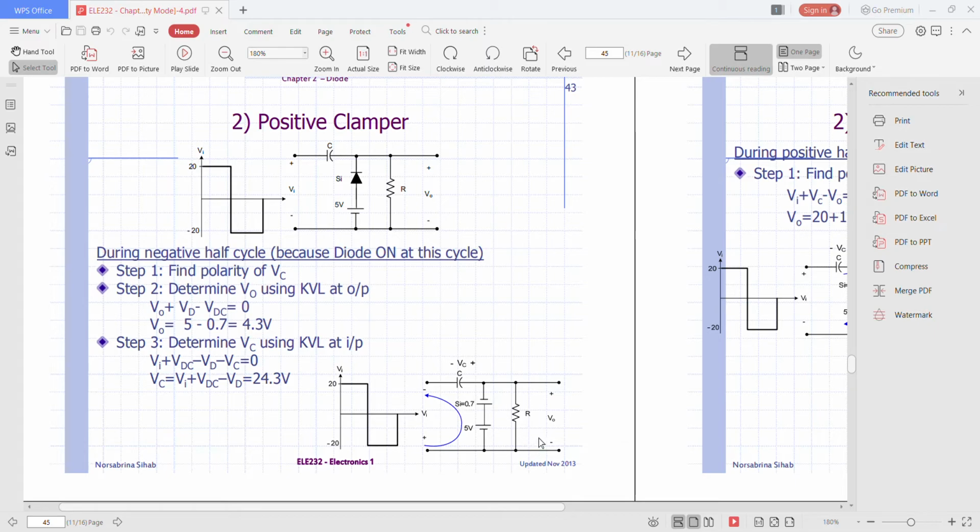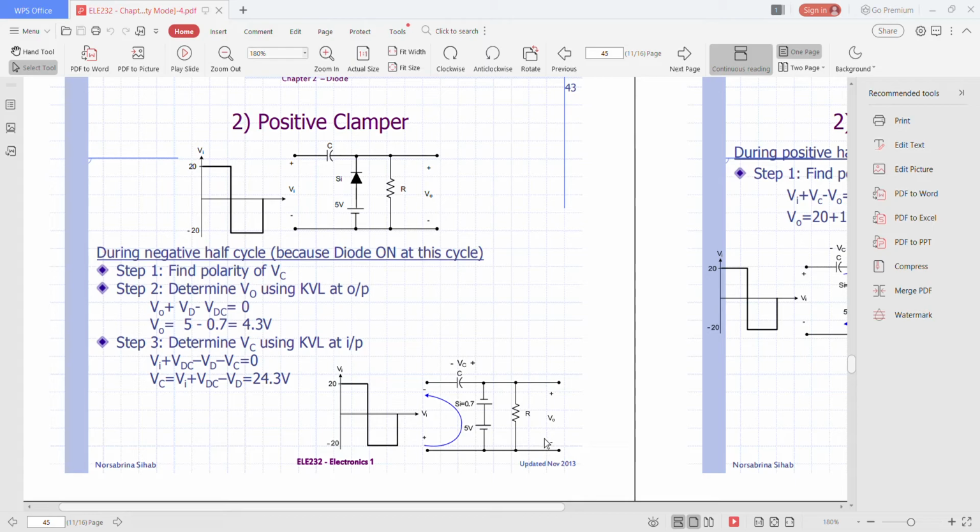So here, during negative half cycle, you will get the equation Vout plus Vd minus VDC equals to 0. The loop is actually here. You can see by looking at the arrow cursor.